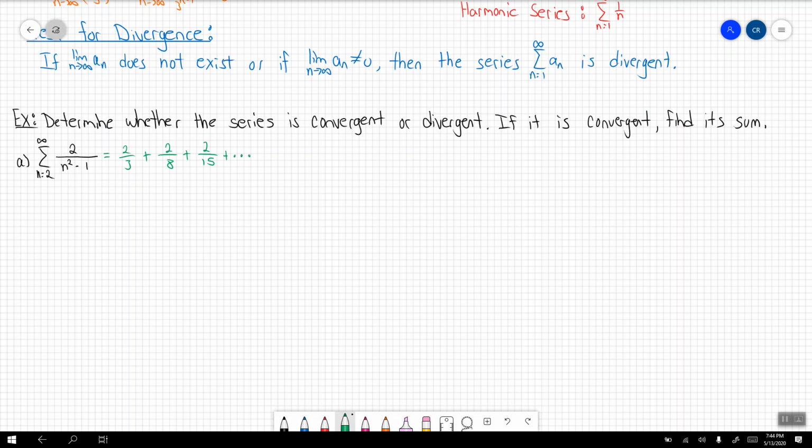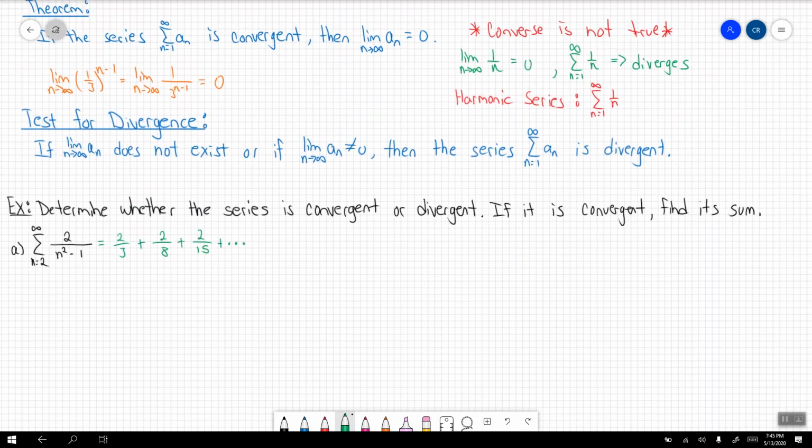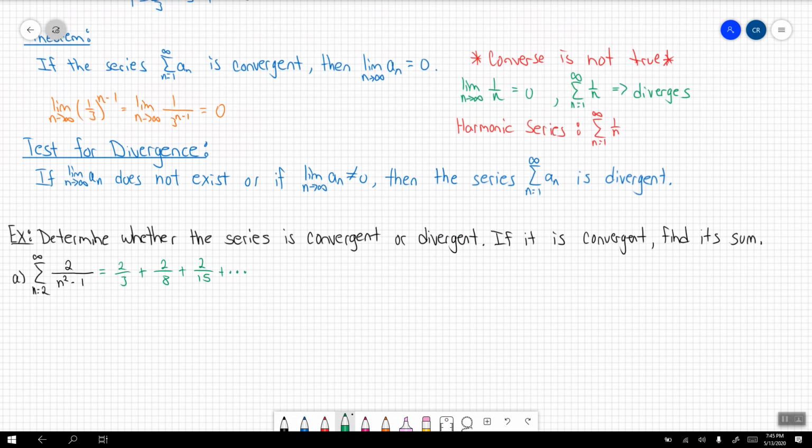All right. Now, we can then start saying, okay, well, is there a common ratio? It doesn't look like there's a common ratio, so that's kind of out of the question. We want to identify whether it's convergent or divergent. So we can start looking at the limit. Will the limit of this be equal to 0? Well, we don't know that, and that's not going to help us because we don't want to use the converse. We don't want to say, is the limit equal to 0? Then it's going to converge, because, again, the converse is not true.